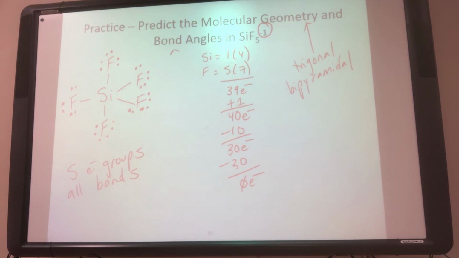And the bond angles, we said, were 120 for equatorial and 90 for axial. Okay, so that's how you would figure out the molecular geometry on a compound and the bond angles. All right, so on the next lecture, we're going to do another practice problem.